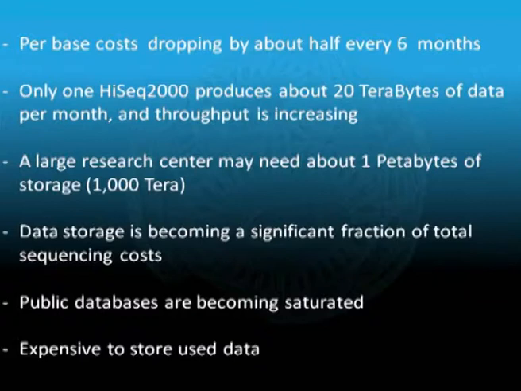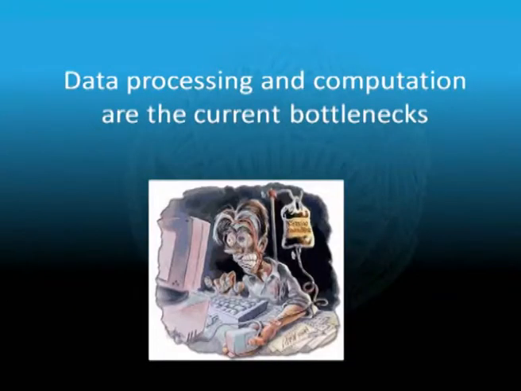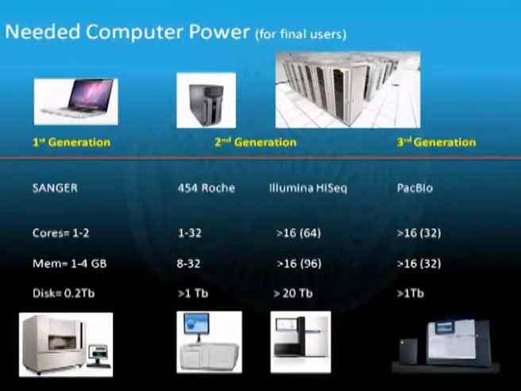So now we see a bottleneck, which as I see it is that the data processing and the computation are current bottlenecks. I'm going to tell you a little bit about the computer power you need now. This is a very rough estimate of what you need to process data.